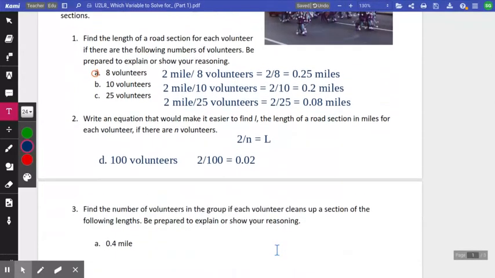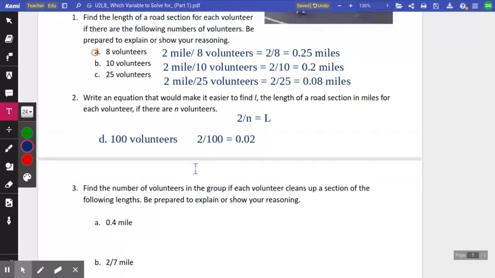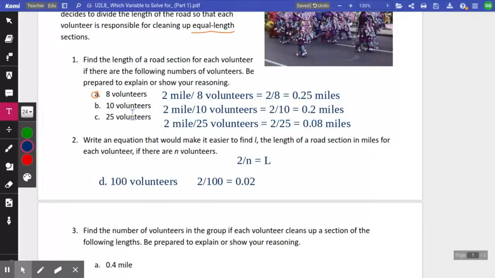Now we're coming down, same situation, but a different question. This time, I'm asking you to find the number of volunteers in the group if each volunteer cleans up a section of the following length. So basically, to use the calculations we were doing earlier, instead of telling you there are 8 volunteers and asking how long each volunteer has to clean up, I'm telling you each volunteer cleaned 0.25 miles.